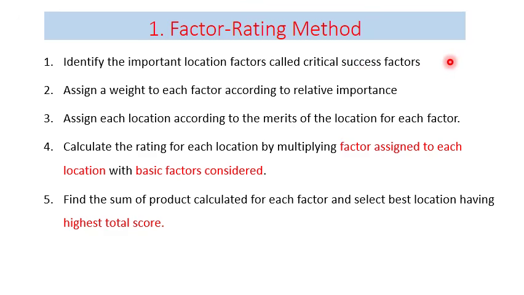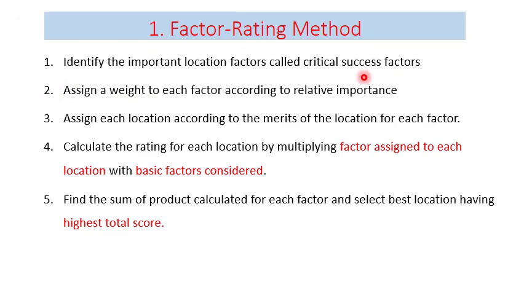For example, the economy, innovation, or we can consider the market or purchasing power, supplies, and demand. There are more critical success factors. Anyway, in the first step, we have to mention all the critical success factors.